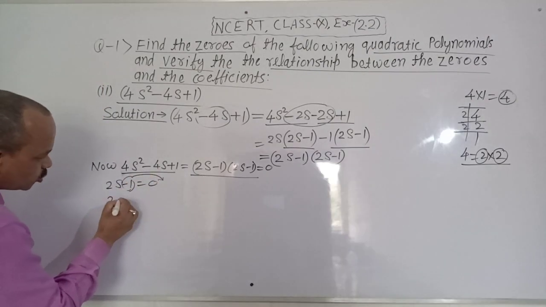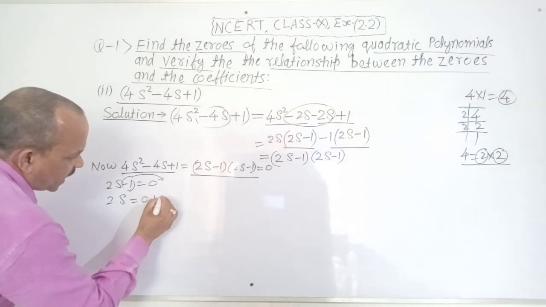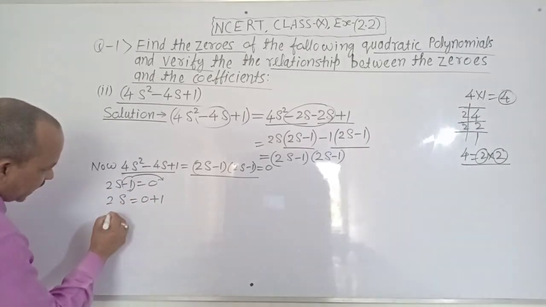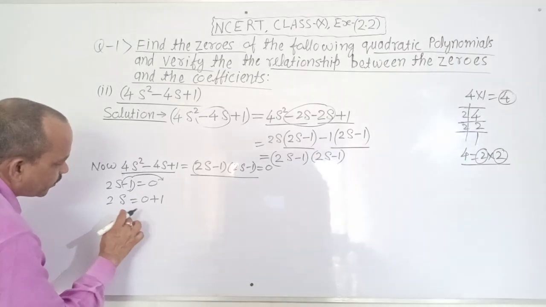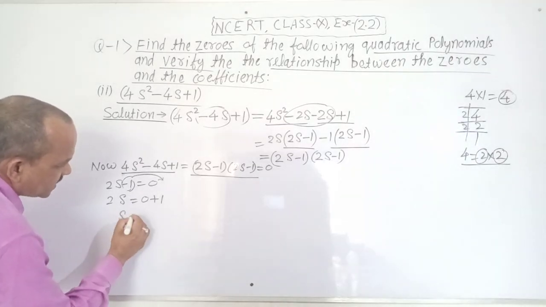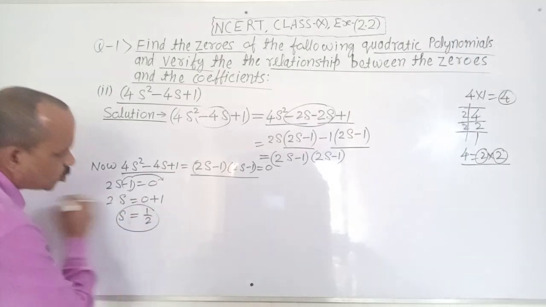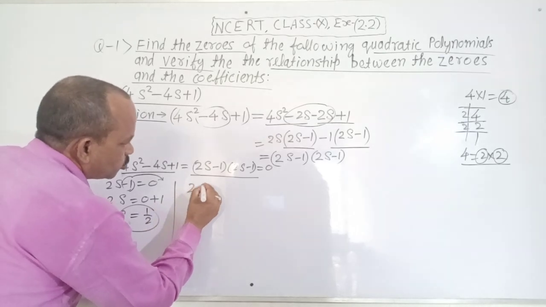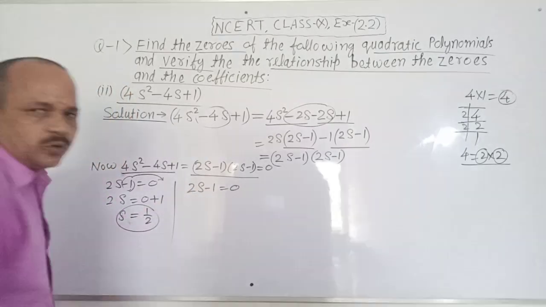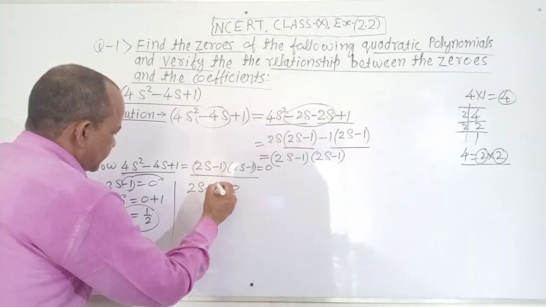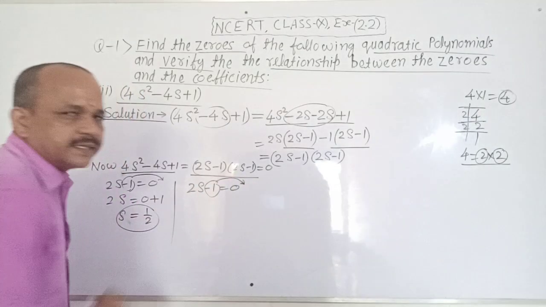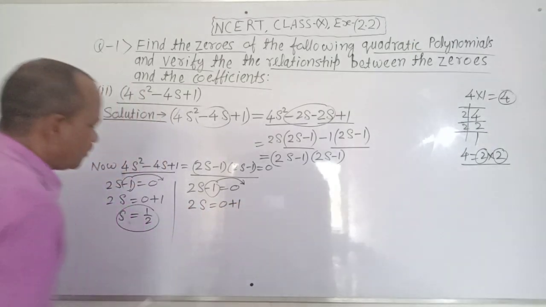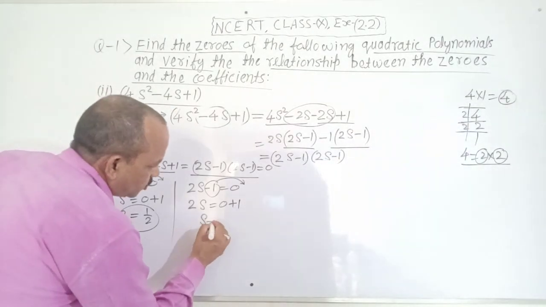It becomes 2s equals 0 plus 1. Minus 1 becomes plus 1 on the right side. Now you can write s equals 1 by 2. Here 2s minus 1 equals 0. You can write minus 1 on the right side. It becomes 2s equals 0 plus 1. s equals 1 by 2.